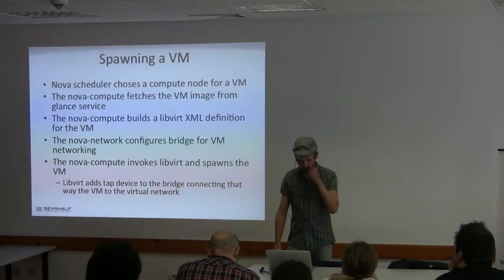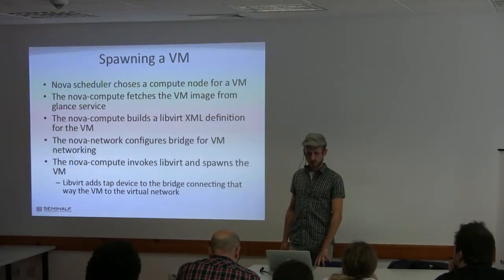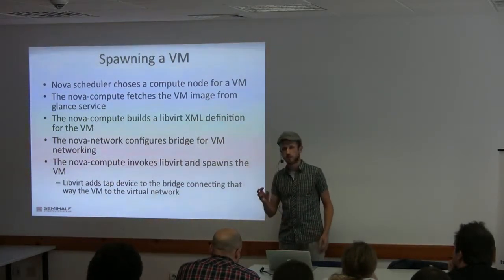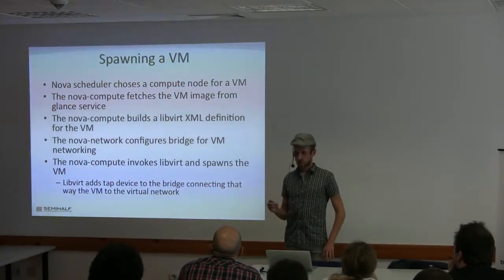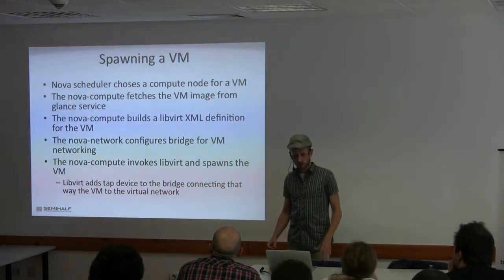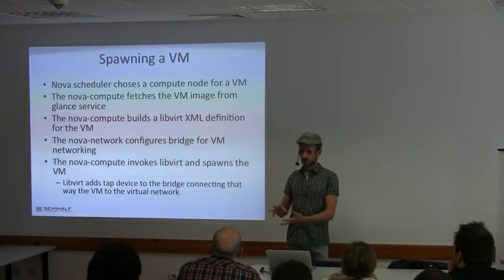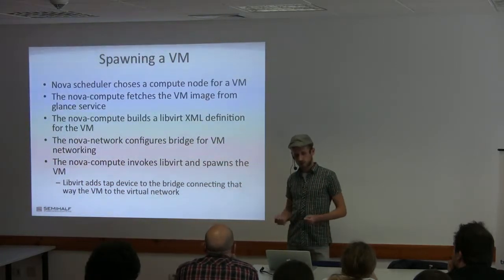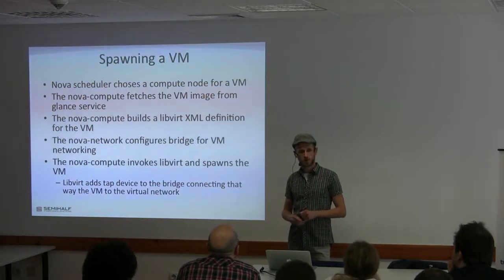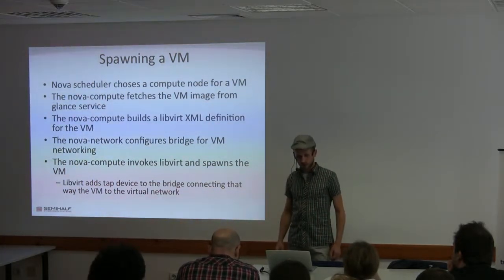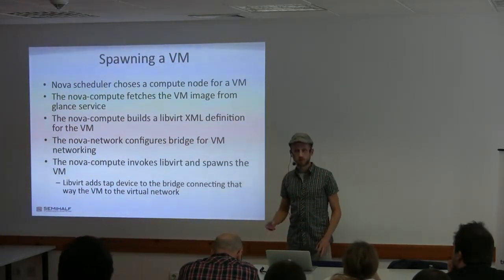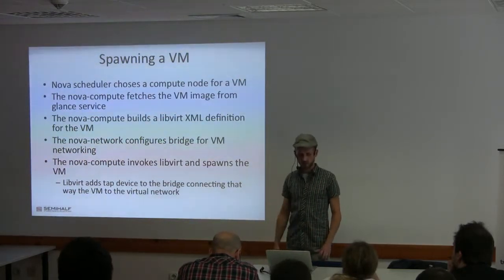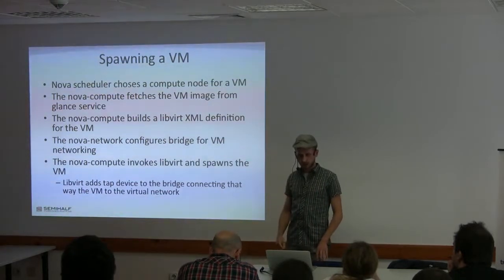So how it actually works, let's try to analyze an example. When Nova Scheduler decides that this given VM should be spawned on this given platform, the Nova compute on this server fetches the image from the Glance service and builds an XML description of the domain that is to be spawned. This XML is a libvirt-defined thing that you have to create if you want to use libvirt to spawn the VM.